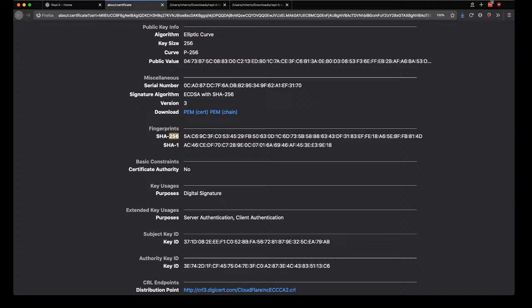And what that does is help really defeat those person-in-the-middle attacks, because now not only would they have to be able to get themselves in the middle of this connection, which is fairly hard, but they would have to have a way to generate a new perfectly valid certificate that has the exact same fingerprint.